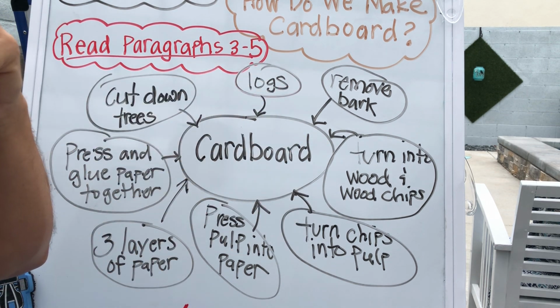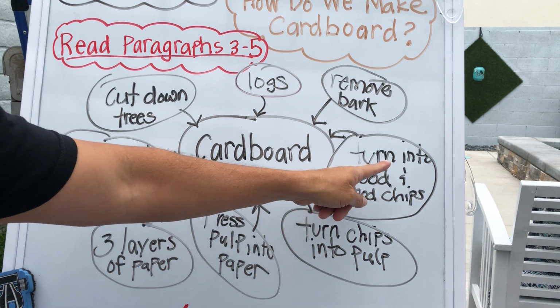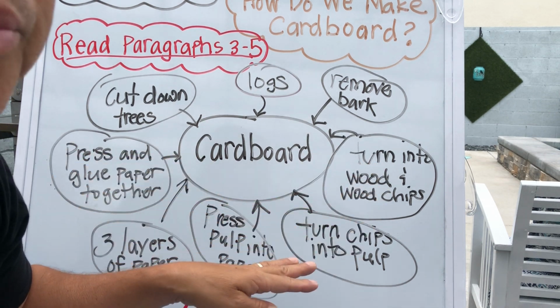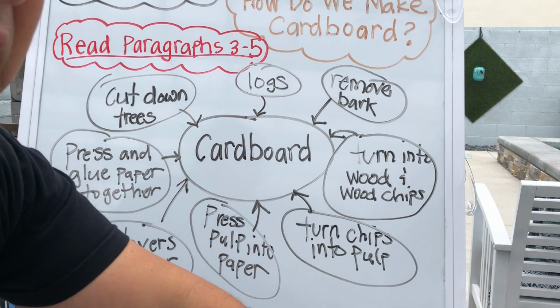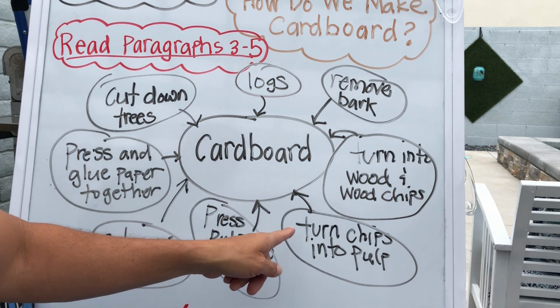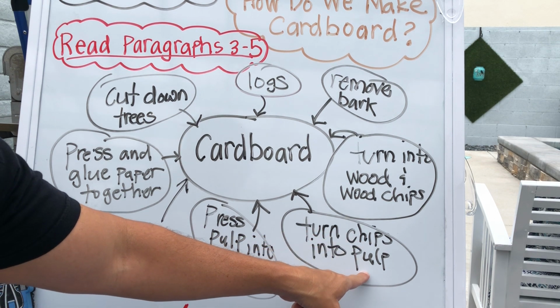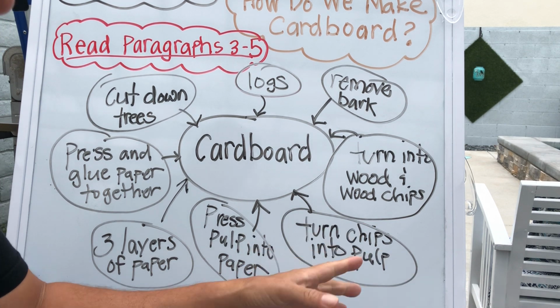Then once they remove the bark, they can take the logs to a factory and they turn it into wood and all kinds of other wood products. But sometimes they make wood chips, all the little pieces of wood that fall on the floor. Well, they take those wood chips and they turn them into pulp. That was my next idea. And we read how they get it wet and they make it soggy, so it's like masa.